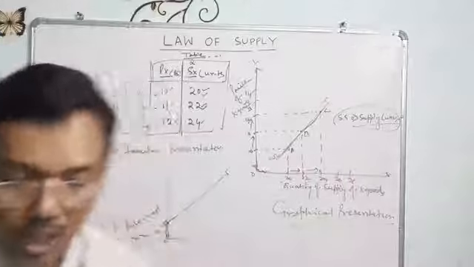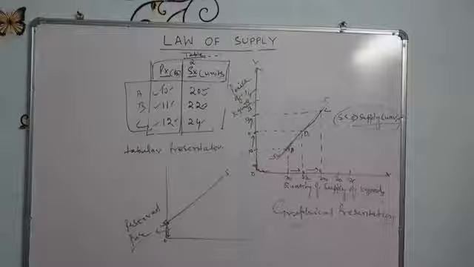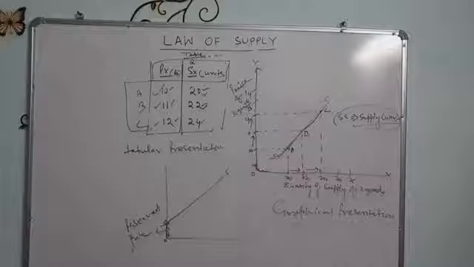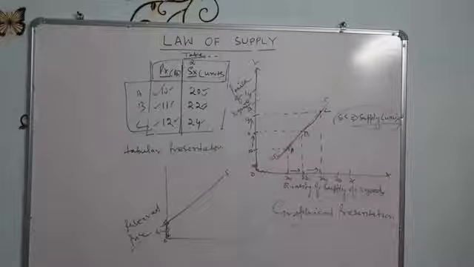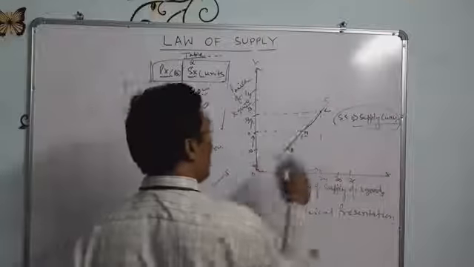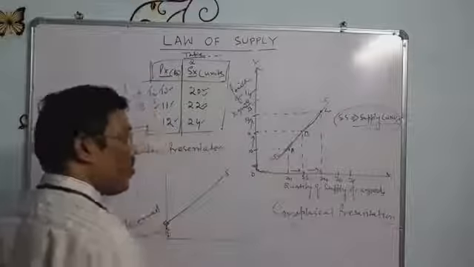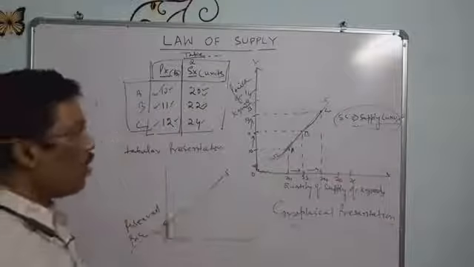So now it is clear what the law of supply is, what the assumptions of the law of supply are, what the supply function is, what the supply schedule is and what the supply curve is. What is the shape of the supply curve? The supply curve moves upwards. You have known the DD demand curve.